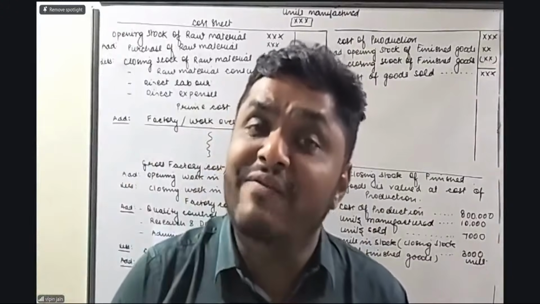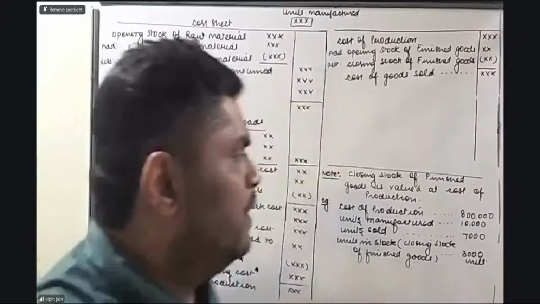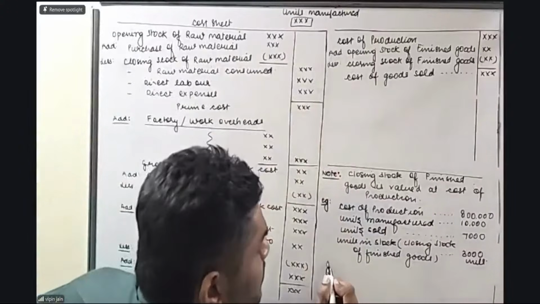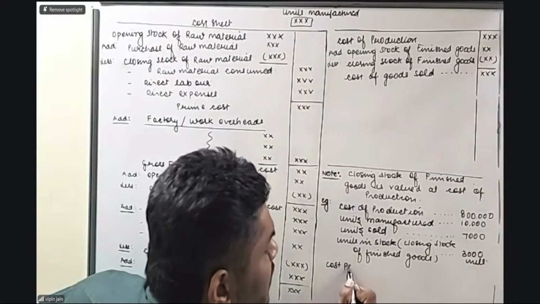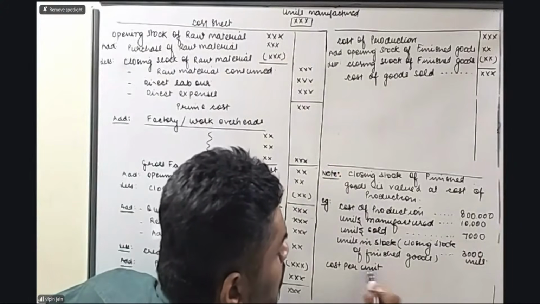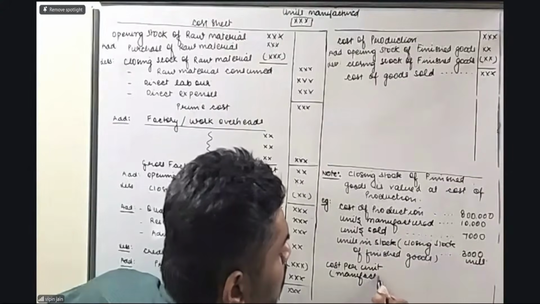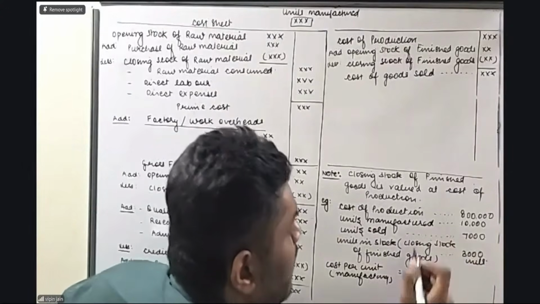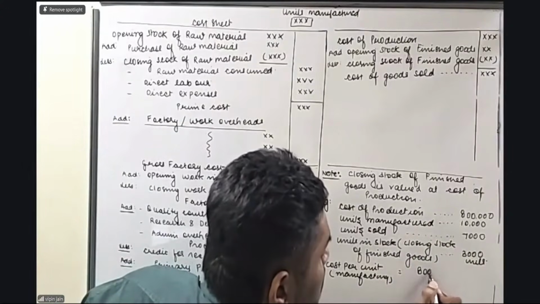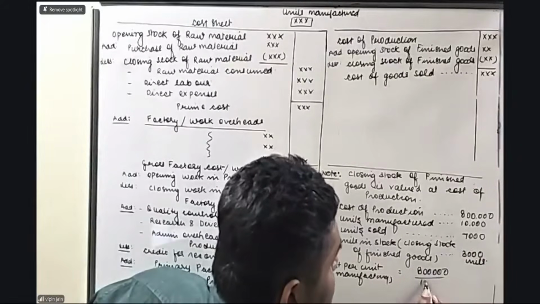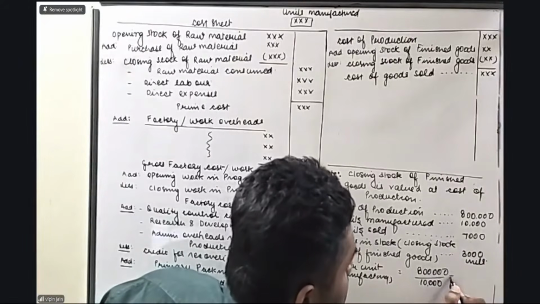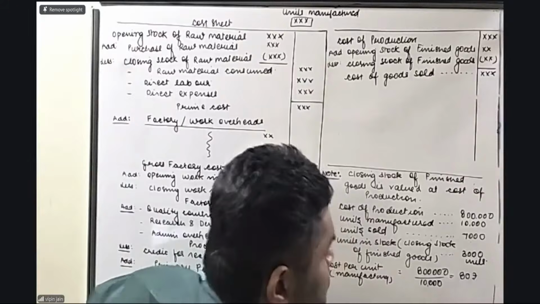Now, what will be the value of these 3,000 units? Very simple. What is the cost per unit of manufacturing? 8 lakh was the cost for 10,000 units. So 80 is the cost per unit.